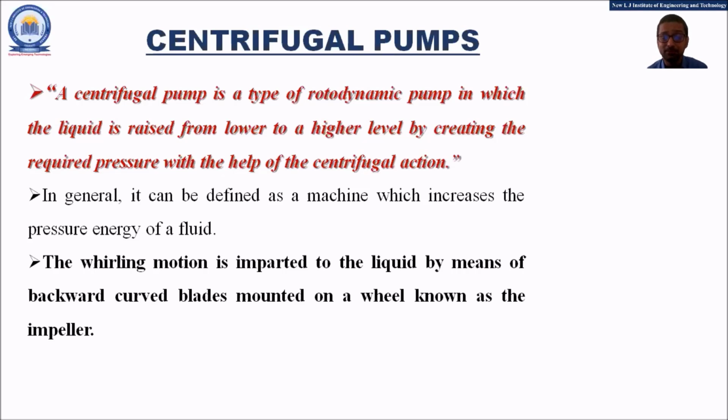A centrifugal pump is a type of rotodynamic pump in which the liquid is raised from a lower level to a higher level. This increase in the level of the liquid is created by the required pressure of the liquid. And for increasing the pressure of the liquid, we use the centrifugal action.